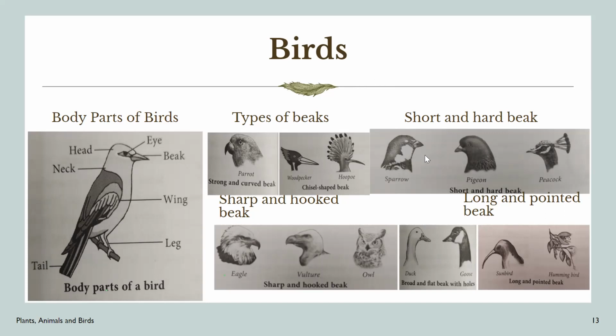Okay, tell me, has your madam taught you all these things? Yes, ma'am has taught body parts of a bird and types of beaks. She had taught the birds chapter in our school.